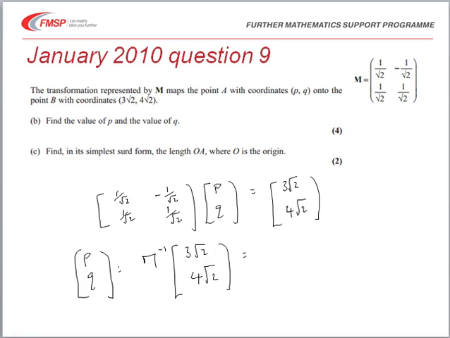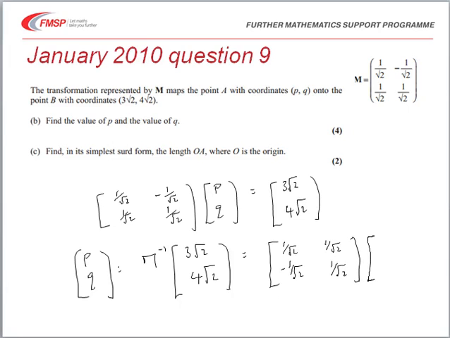Because the transformation is a rotation of 45 degrees, the inverse is going to be a rotation of negative 45 degrees, and so it has a matrix 1 over root 2, negative 1 over root 2, 1 over root 2, and 1 over root 2.